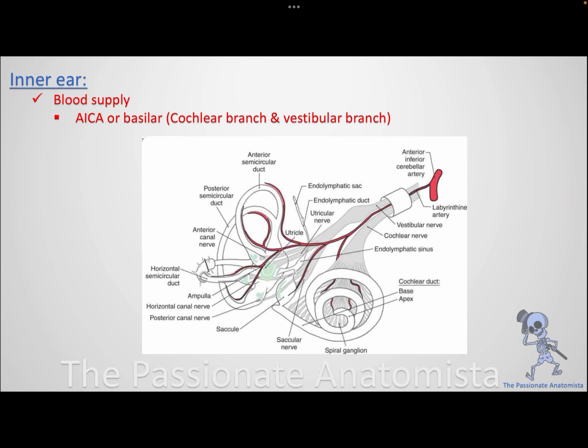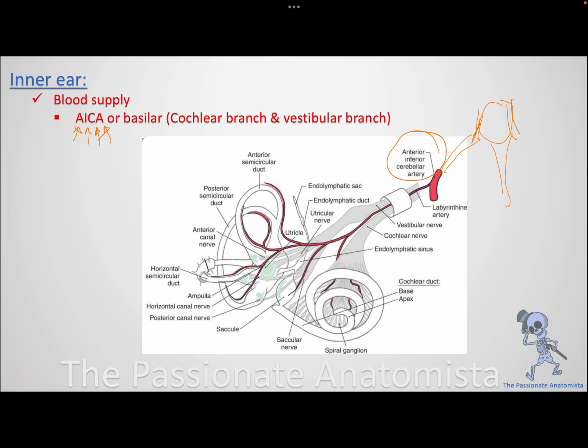But now, what would be the blood supply? The blood supply of your inner ear is actually coming from the AICA, the anterior inferior cerebellar artery. We're going to explain that artery in more detail as we proceed. It's actually a branch of the basilar artery. On the pons, you have the basilar artery.